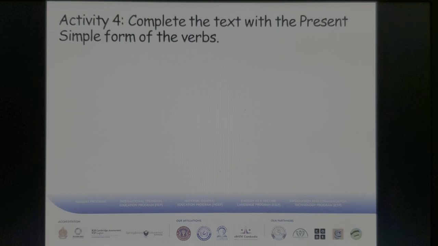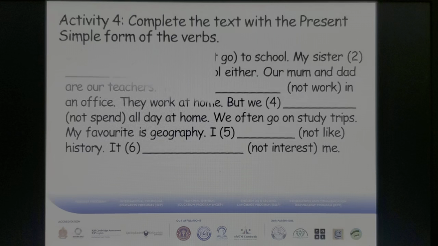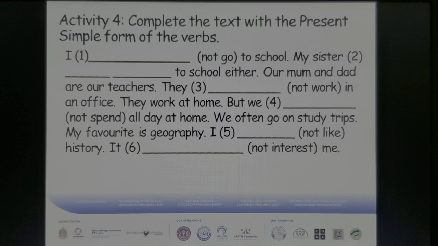Okay, so activity number 4, complete the text with the present simple form of the verbs. In present simple, we have positive, negative, and questions. Okay, the three forms here. So let's take a look. Okay, I blank, and here the verb is what?